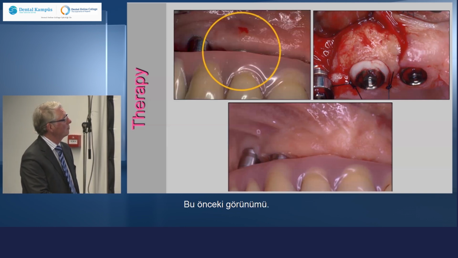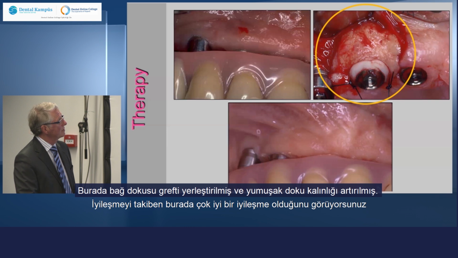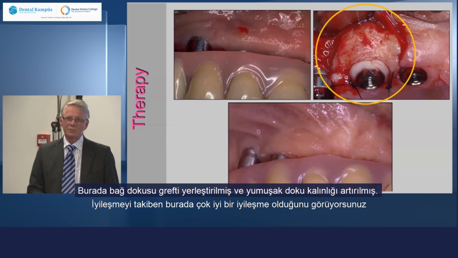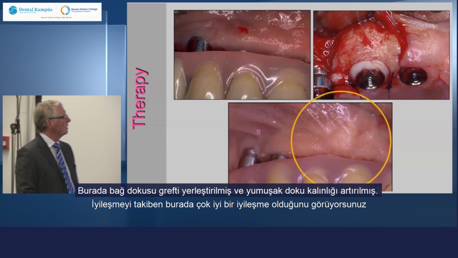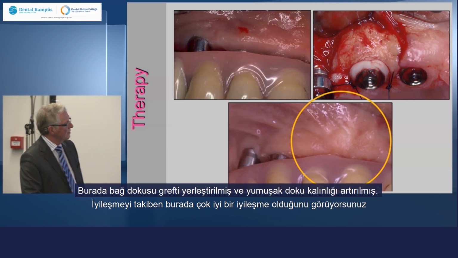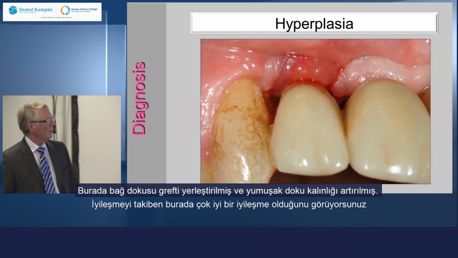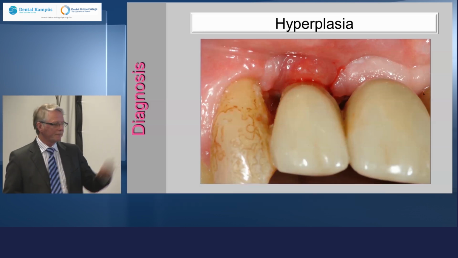This is to show you how it looked before. Now we place this connective tissue graft in this area to increase the thickness of the soft tissue, and then following the healing, you can see a very nice healing here after this type of therapy.